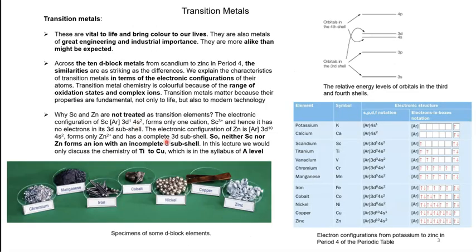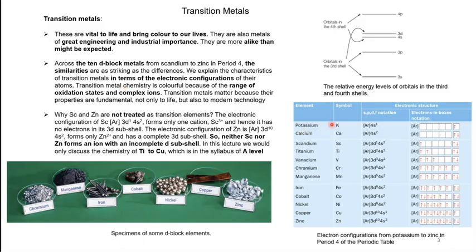Okay, so you see, we call these the 10 d metals, whose electronic configuration is here, and they have variable oxidation states, which is a very important thing. Transition metals have variable oxidation states.